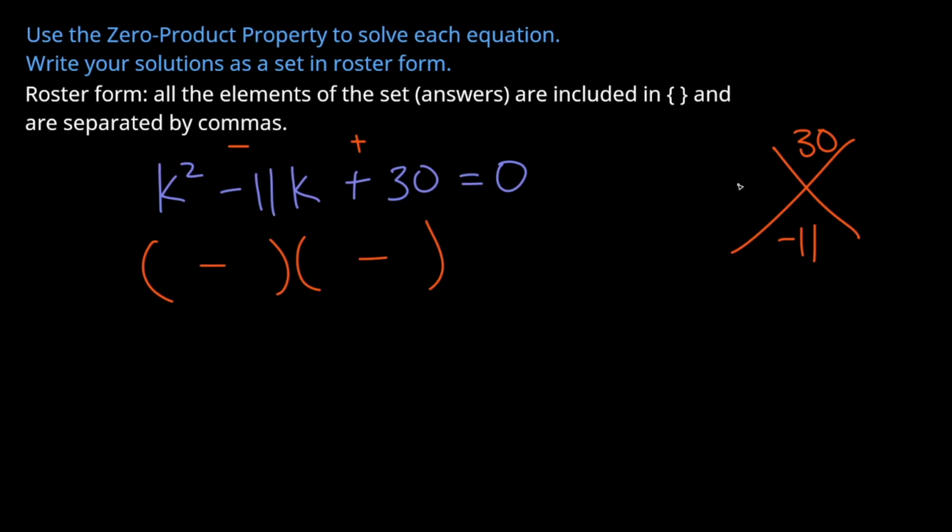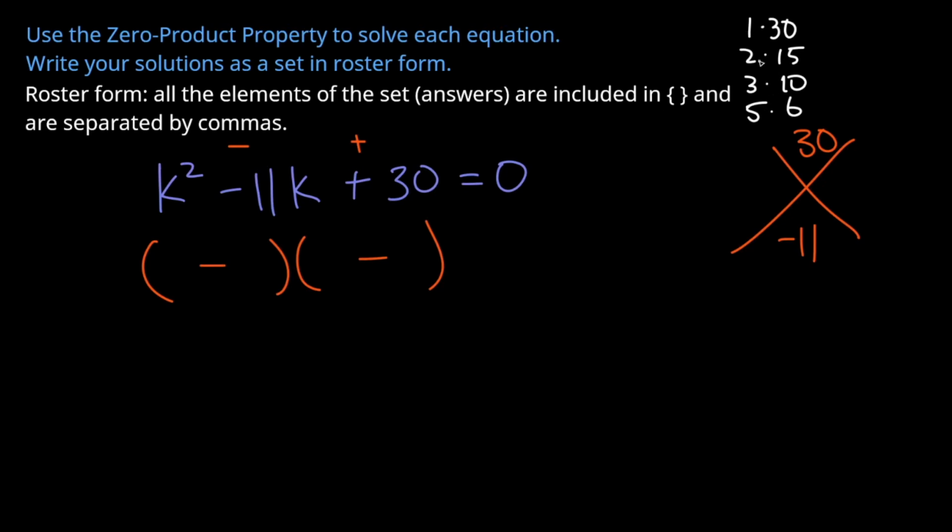So we can go ahead and find factors of 30: 1 and 30, 2 and 15, 3 and 10, and 5 and 6. These are all going to have the same signs.